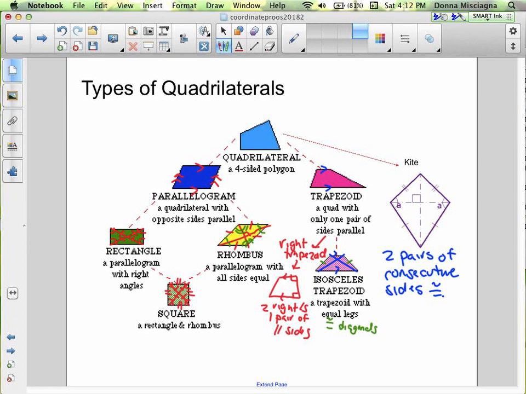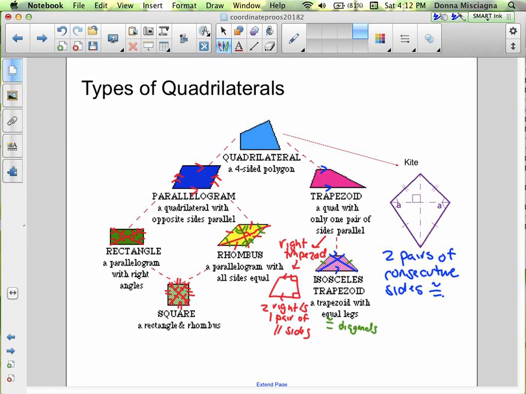So if you want to prove a quadrilateral is a rectangle, you've got to show it has two pairs of parallel sides and congruent diagonals. Or any other, you have to prove anything that's true about the parallelogram before you can say something is a rectangle.